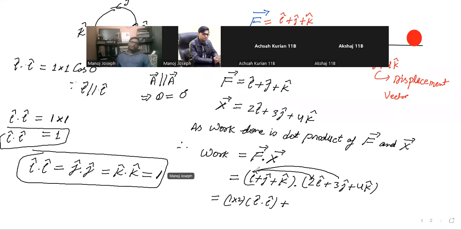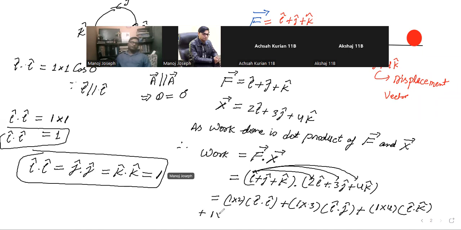plus I to 3. So it will be 1 into 3, I dot J cap, plus I to 4, that is 1 into 4, I dot K cap. So similarly with J and with K we will do.